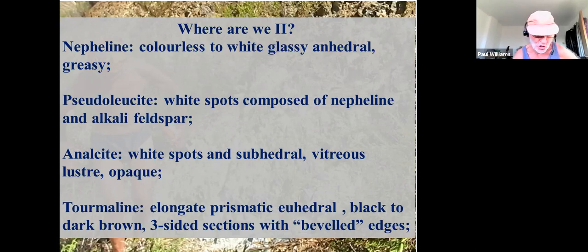Finally, we looked at tourmaline with these characteristic elongated prismatic crystals, black to dark brown. But one great ID tool is this three-sided section with these beveled edges. So that allowed us to identify the presence of tourmaline.